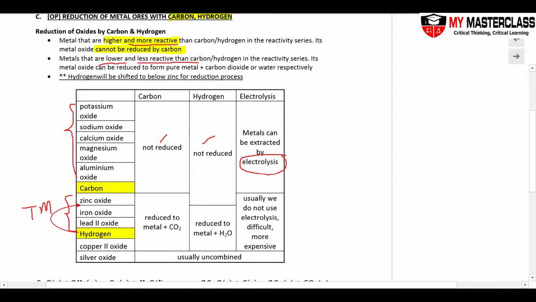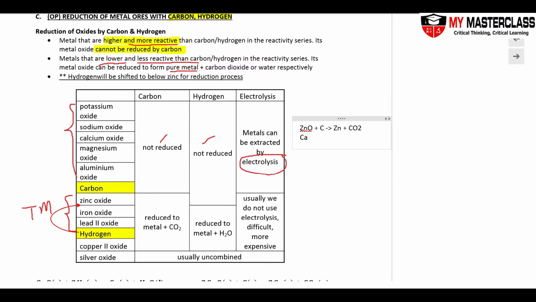So I can use carbon to reduce them to form the pure metal. For example, zinc oxide plus carbon gives me Zn, the pure metal, plus CO2, and then we balance the equation.